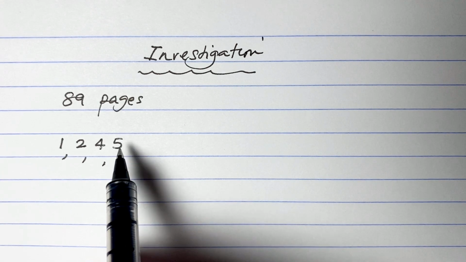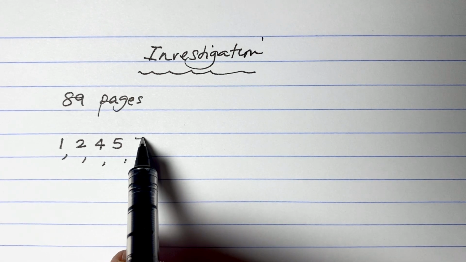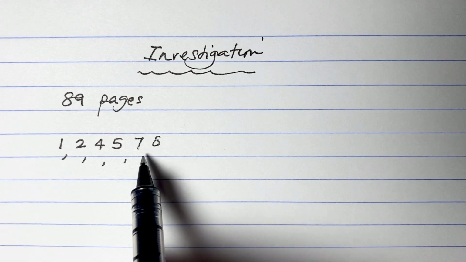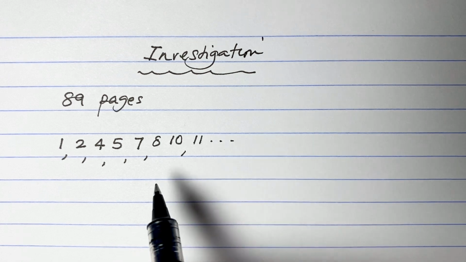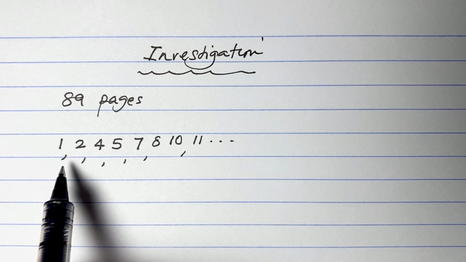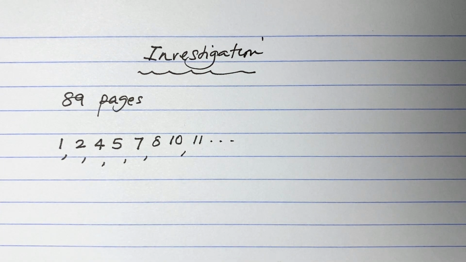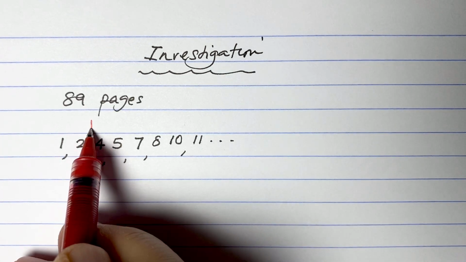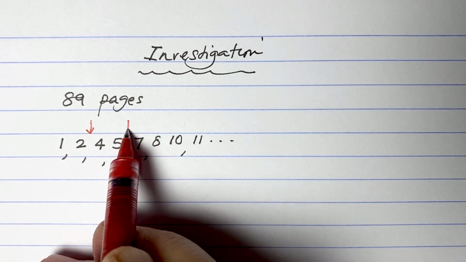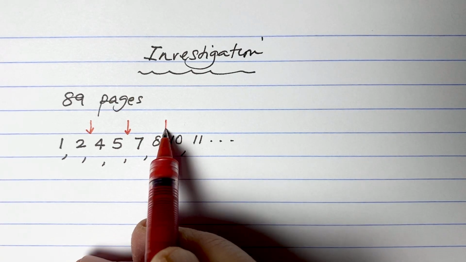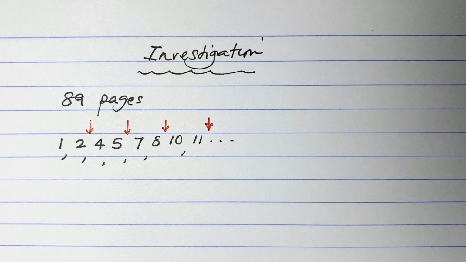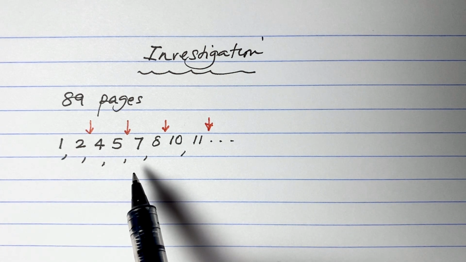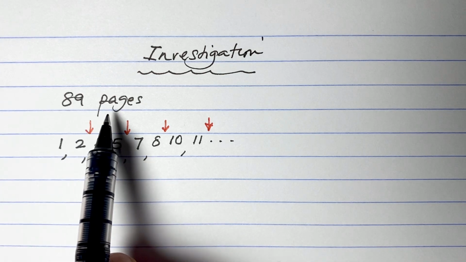Then we have 5, then 6 is missing, so we have 7, 8, 9 is missing, 10, 11, etc. So every third number is missing: 1, 2, missing, 4, 5, missing, 7, 8, missing, 10, 11, missing. By numbering in this method, the question is what number is on the 89th page?